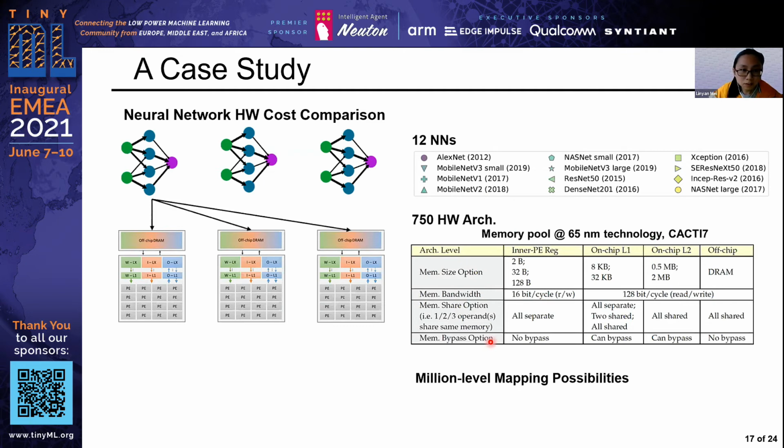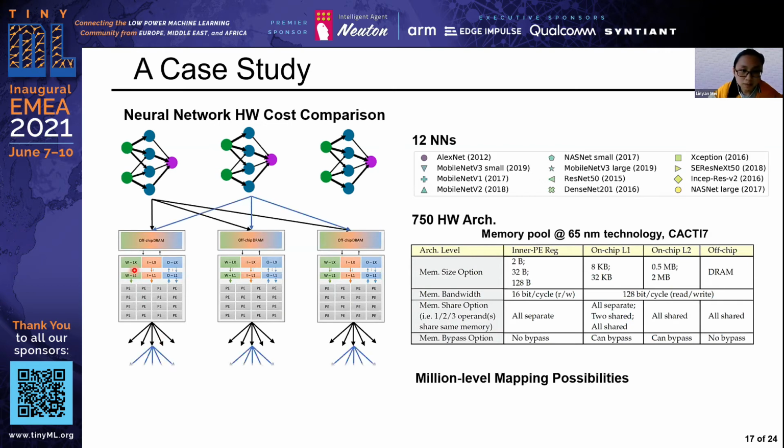For each neural network, we run it on these 750 hardware architectures, and each one can again have thousands or even million-level mapping possibilities. We take the minimum energy mapping and the minimum latency mapping as the result for each.